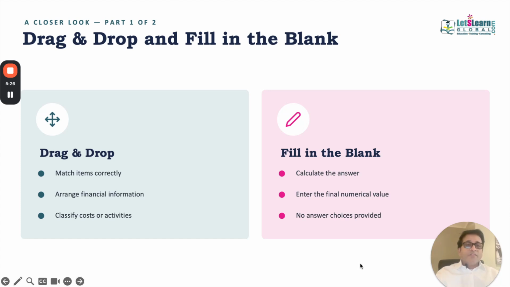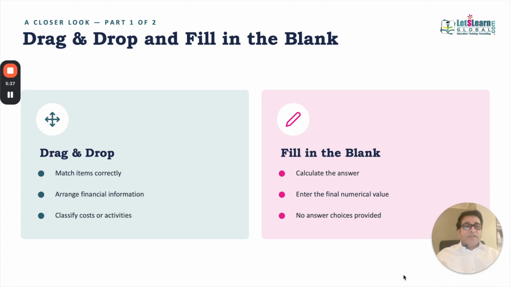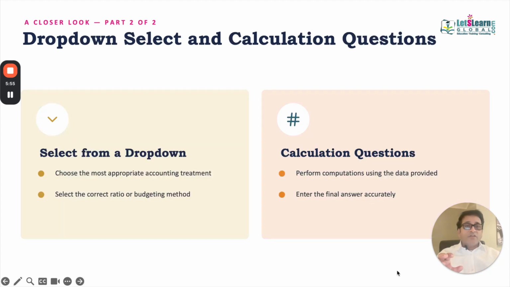Fill in the blanks can be calculation based or theory. If it is calculation based, you need to compute and write the correct answer in the box, and you will be given very clear instructions on whether decimals are required or not, and whether commas are required or not. No need to worry about that. Instructions will clearly state whether for thousands, millions, etc., commas are to be entered or decimals are to be entered, and if decimals are to be entered, how many.